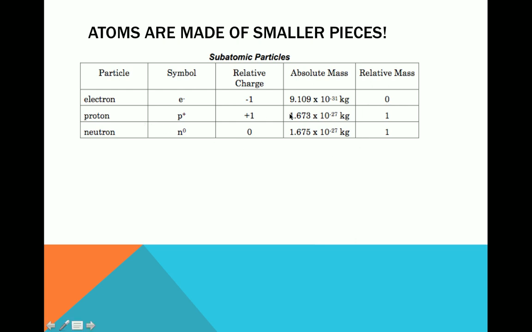So all of these particles are tremendously light, but electrons are about 1/2000th the weight, or the mass, of the protons and the neutrons. It's also interesting to note that neutrons and protons are just about the same mass, but not exactly the same. And in your summer assignment, you no doubt learned why. Because neutrons really are protons and electrons kind of glued together to create a neutral particle.